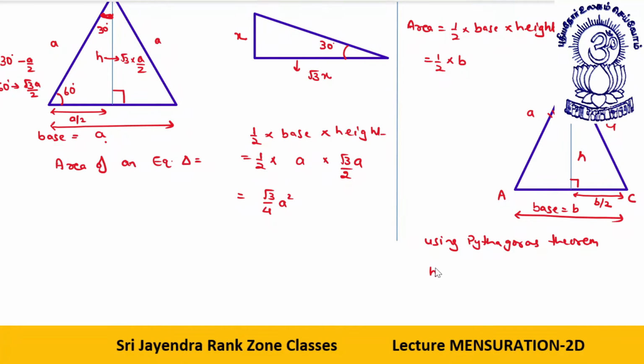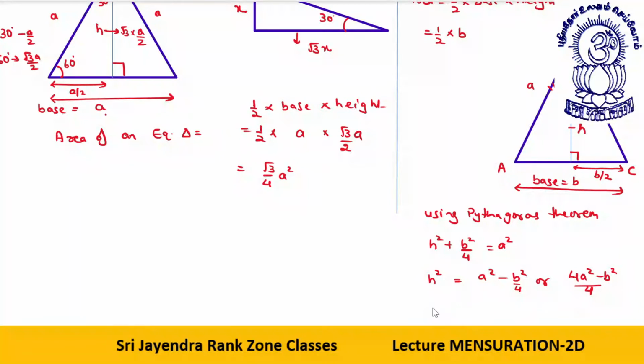H square plus B square by 4. Perpendicular square plus base square gives you A square. So what will be H square? H square will be A square minus B square by 4, or it will be 4A square minus B square by 4. This is H square. From here, what will be H?